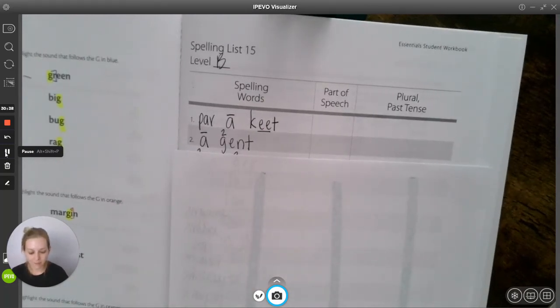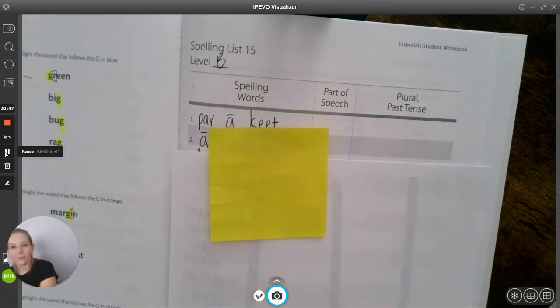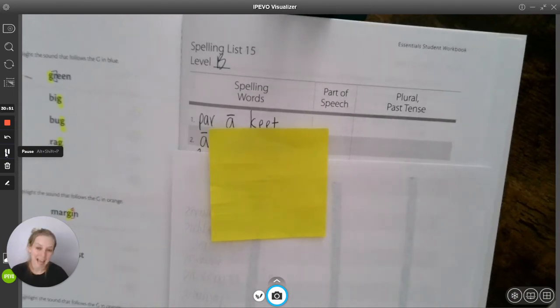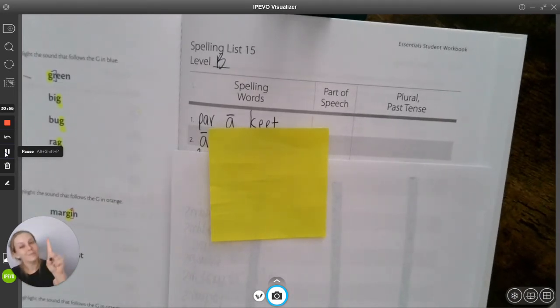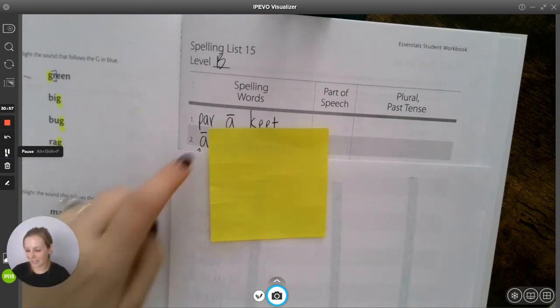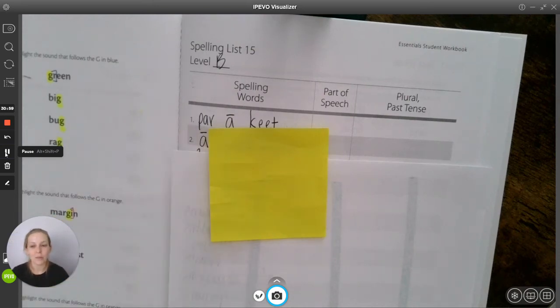Agent. Agent. He is an FBI agent. I forgot, 2 syllables. First one is A. Sound it out. A. Finger spell. A. And it is using its long sound, so we put the macron over it.